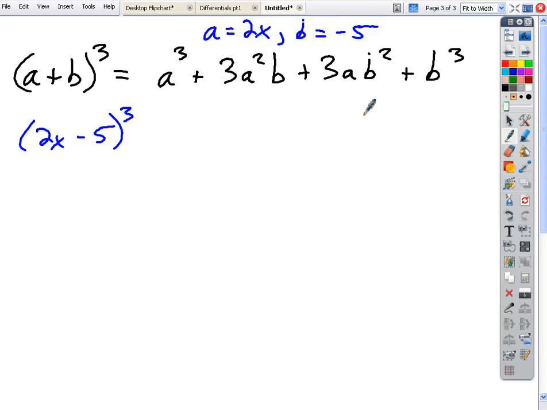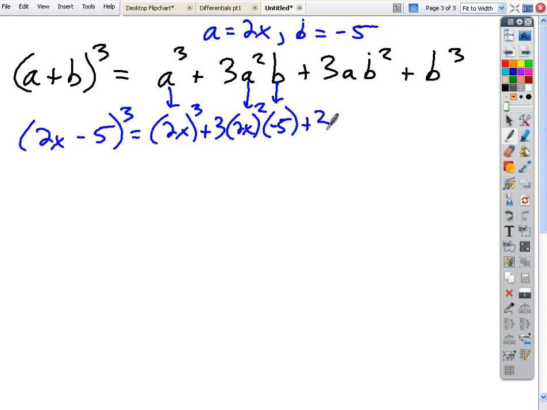Okay, so then we're going to get (2x) cubed plus 3 times (2x) squared times negative 5, plus 3 times 2x times (negative 5) squared, plus (negative 5) cubed, right?